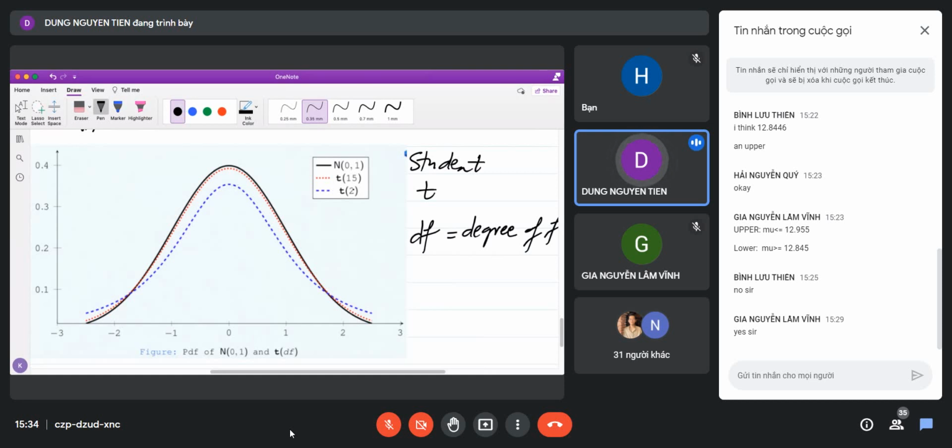If the degree of freedom is only 2 or small, then the student distribution is not close to the standard normal distribution. So the greater the degree of freedom, the closer the student distribution is to the standard normal distribution. Is that all clear?